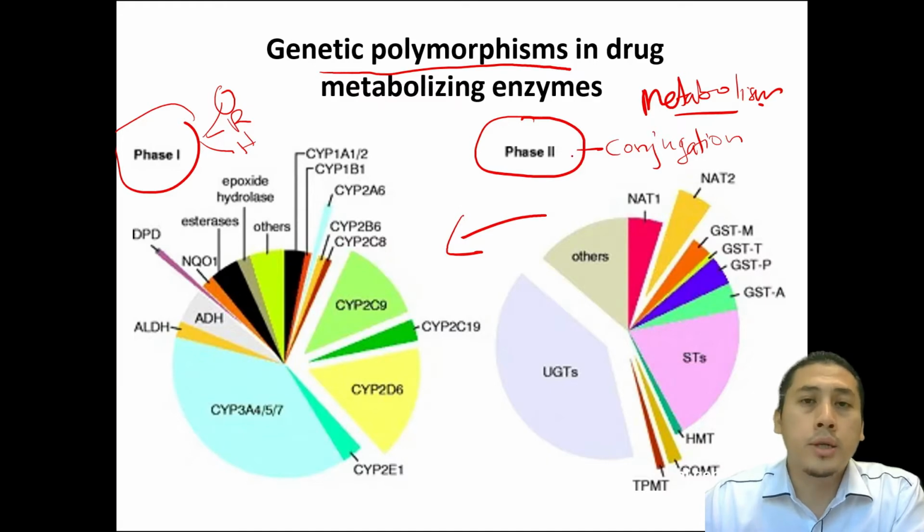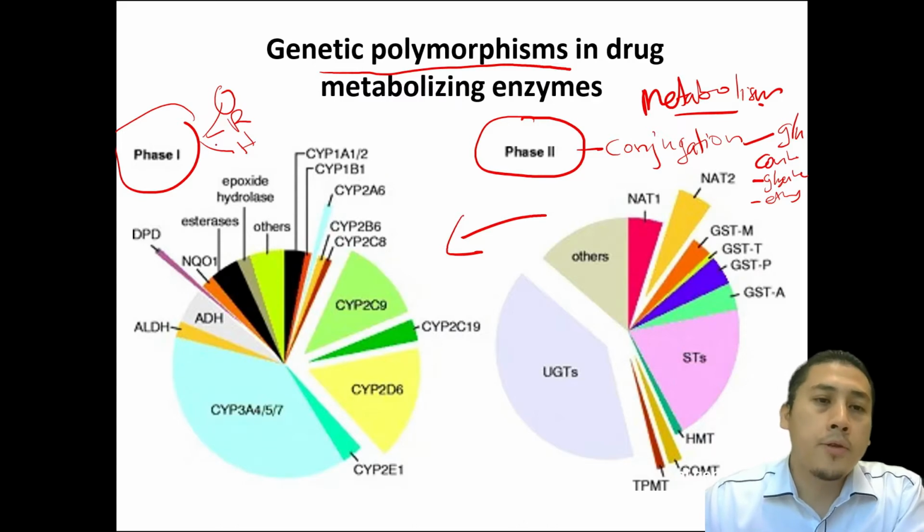There are also drugs that go to phase 2 directly, and some that do not undergo any metabolism and are excreted directly as the parent compound. The conjugation can be in the form of glucuronide, glycine, acetyl, methylation, and so on.